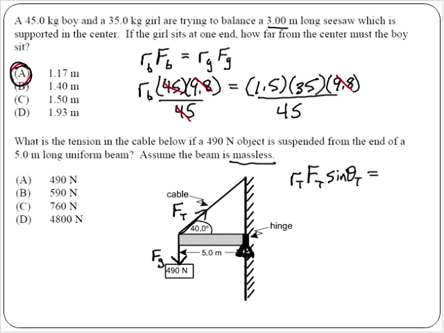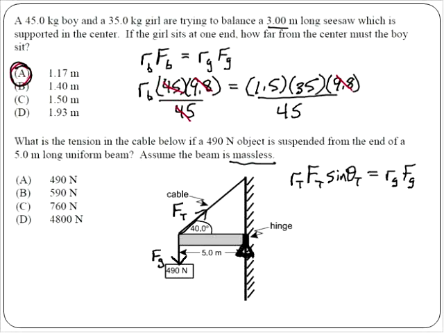That has to equal the other one, which is R_G, F_G. And if you want to say sine theta, you can, but you don't have to there because that one is perpendicular. And the sine of 90, like I've said several times in this session already, is equal to 1. So you don't actually have to include it in the calculation there if you don't want to.